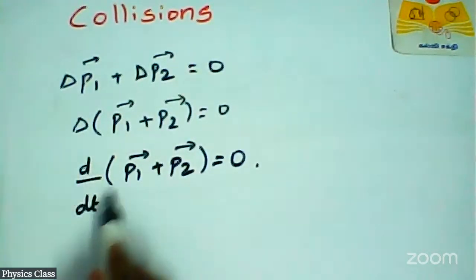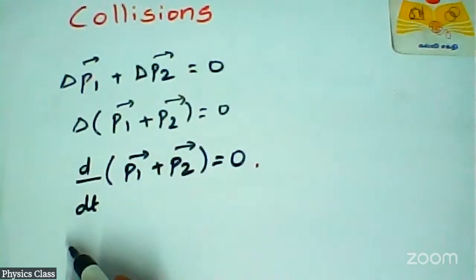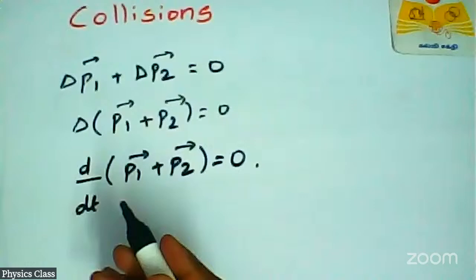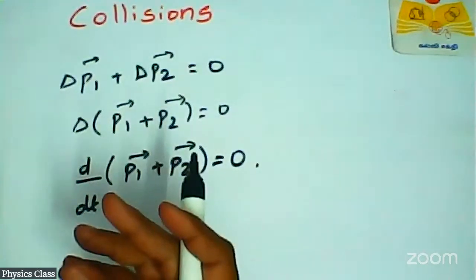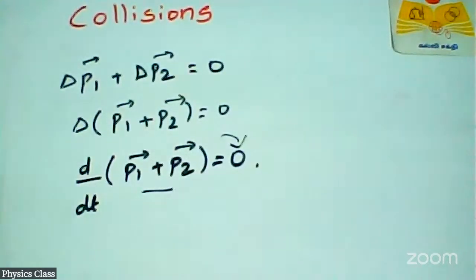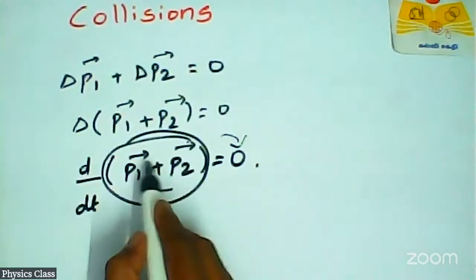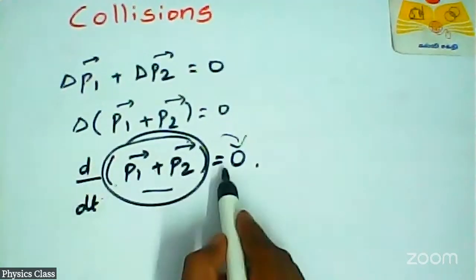So d by dt of the total momentum is 0. That means, as you may remember from maths class, if you differentiate a constant, you get the value 0. Yeah. Here, differentiation of a constant is equal to 0.